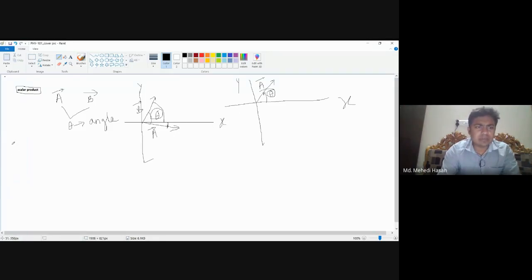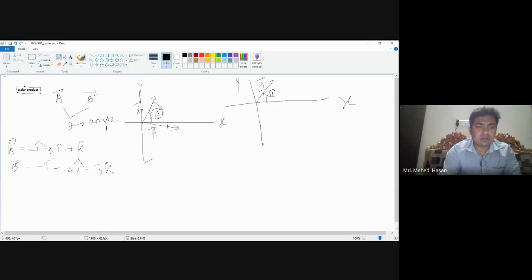Okay, so say two vectors are given like that, vector A equal to 2i minus 3j plus k, and vector B is given like that, say vector B is equal to minus i plus 2j minus 3k.